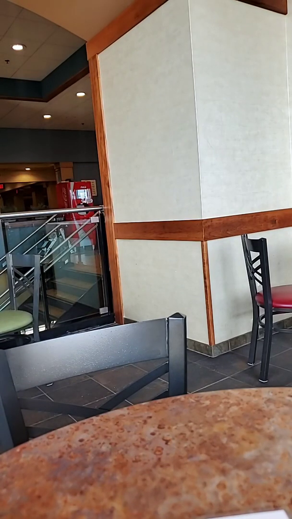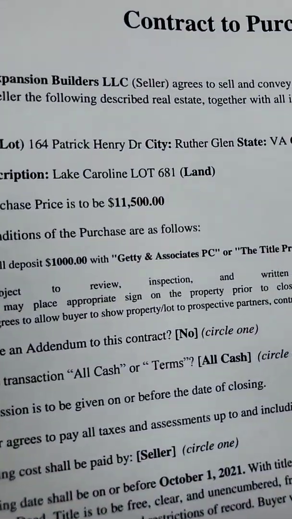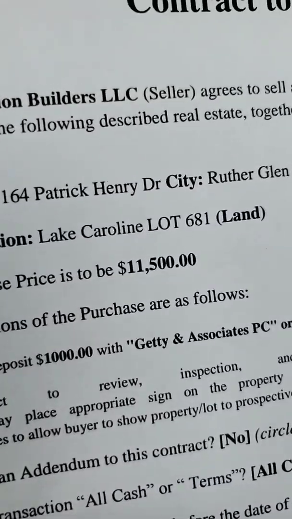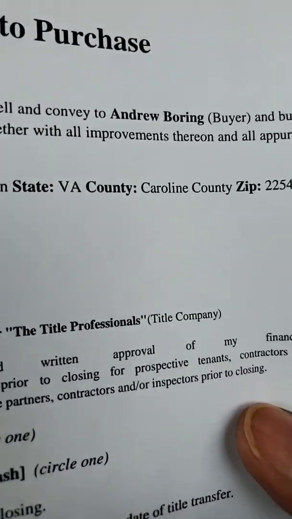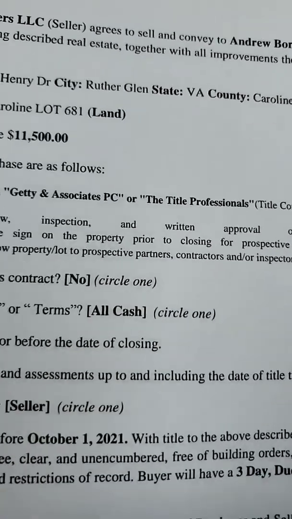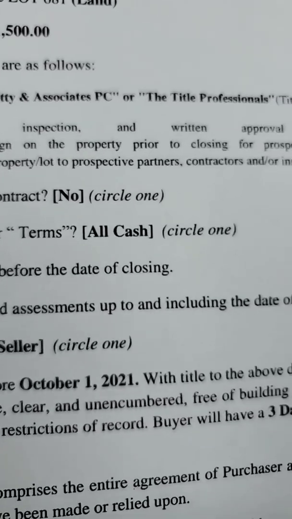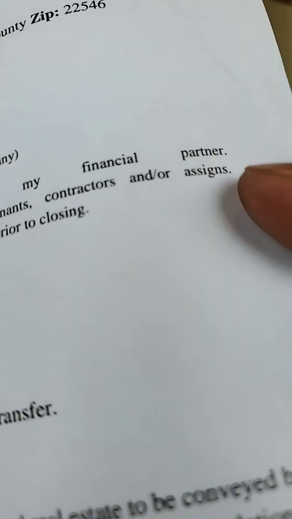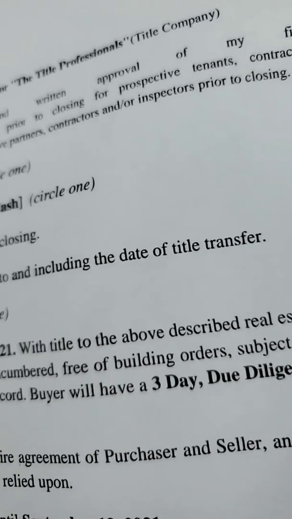All I did was just resell it, me being now the seller. See right there, seller, that's me, Expansion Builders, seller, to the new person, the end buyer, for this amount at this price, $11,500. And once again, I have the opportunity to assign my contracting rights to the property, right?